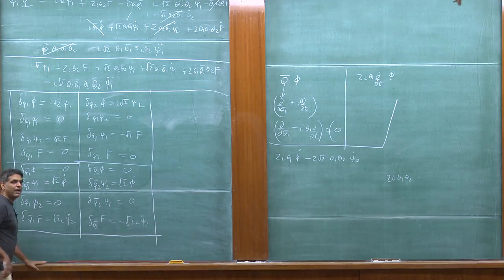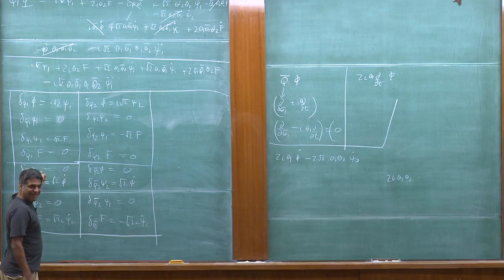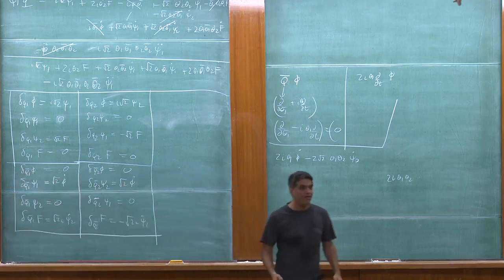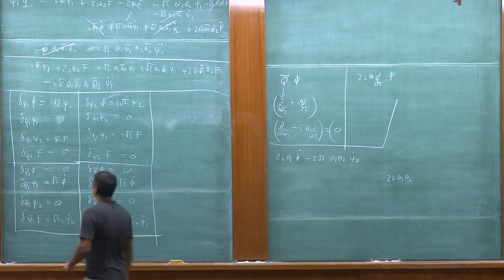Now let's check, first the action on φ. Q̄₁ is 0 because Q̄₁ acting on φ is 0. What about Q̄₁Q₁?